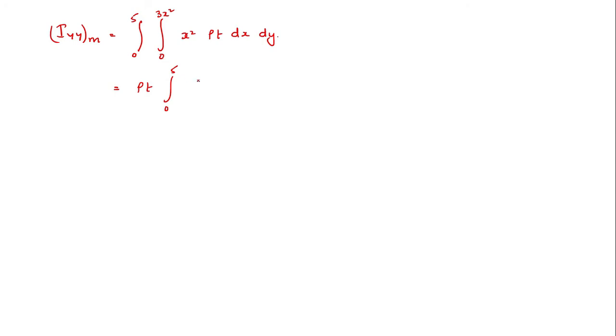Now x square, if I integrate with respect to dy, I'll get x square into y, varying from 0 to 3x square into dx, which is equal to rho into t integral 0 to 5.